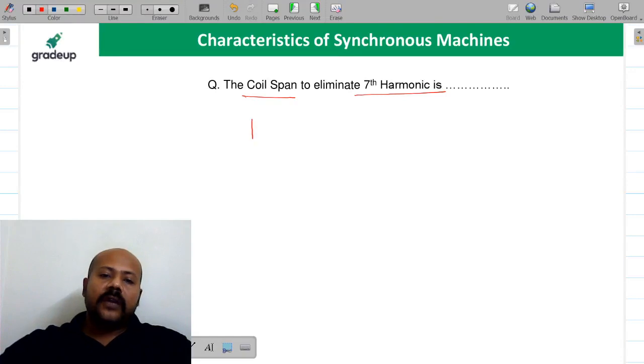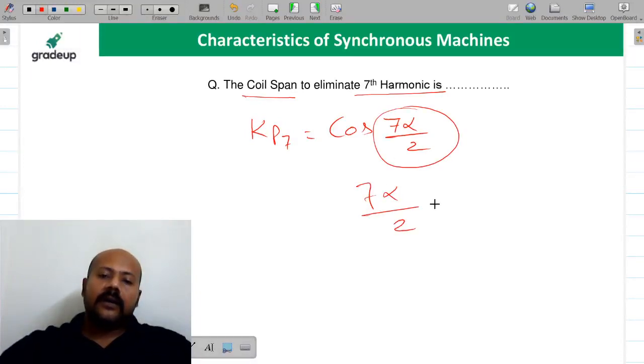See, we know that for the nth harmonic, for the 7th harmonic, this is going to be Kp7. So it is going to be cos 7 alpha by 2. That is the coil span factor for the 7th harmonic, and this angle we are saying should be, sorry, not 180 degree, 90 degree.